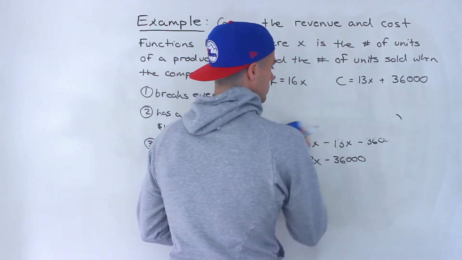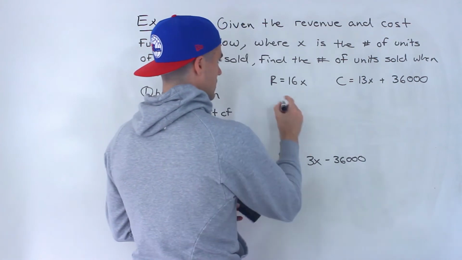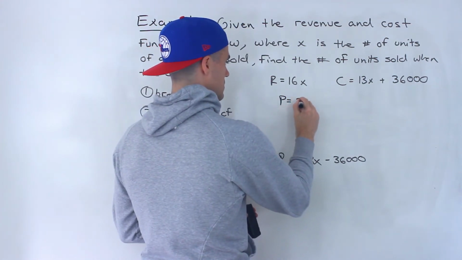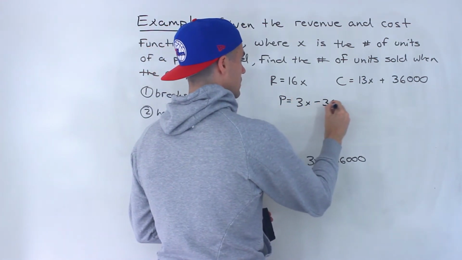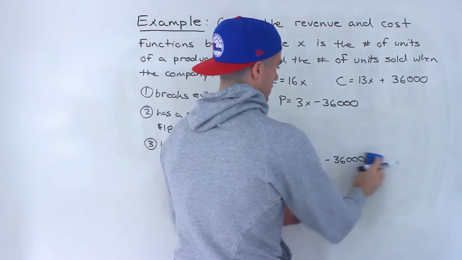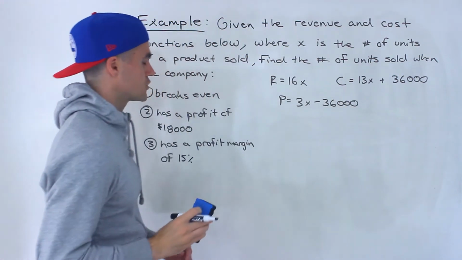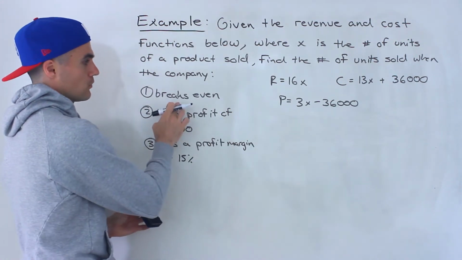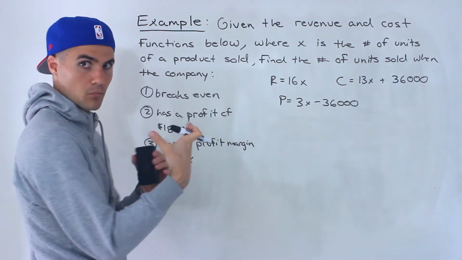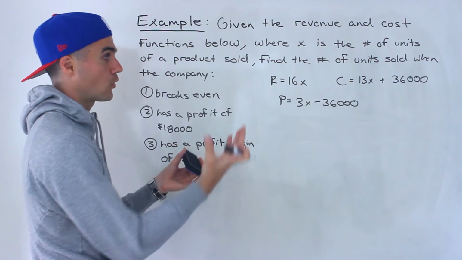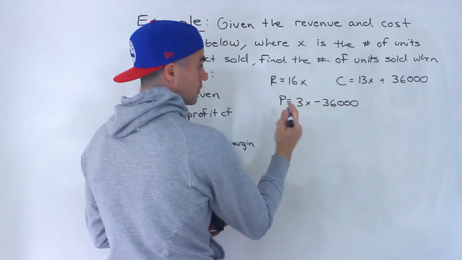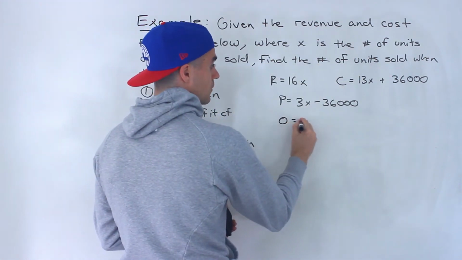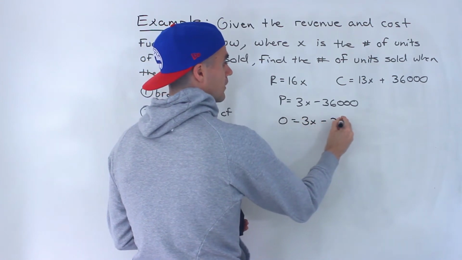And so now things will be much easier that we have this profit function. You don't necessarily have to have it. For example, in scenario one, when does a company break even? Well, basically when their profit is 0, or when the revenue is equal to the cost. So we could just plug in 0 over here.